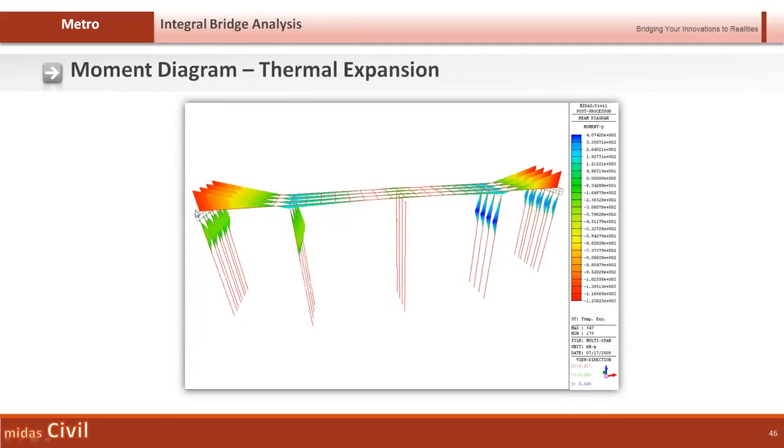And also due to thermal expansion, you will find the moment diagrams. Midas Civil is actually very popular for integral bridges, and integral bridges are now an upcoming boom in the engineering field, because most of the bridges now being considered are moving towards integral bridges.